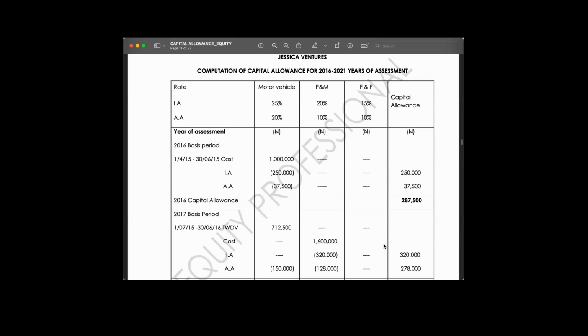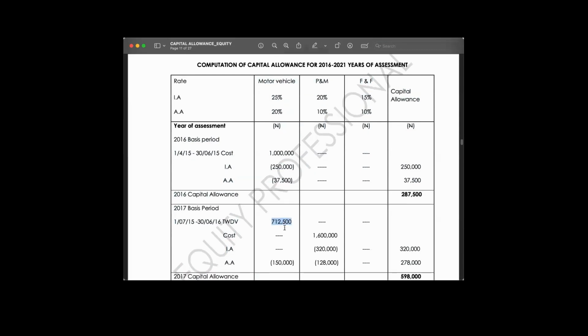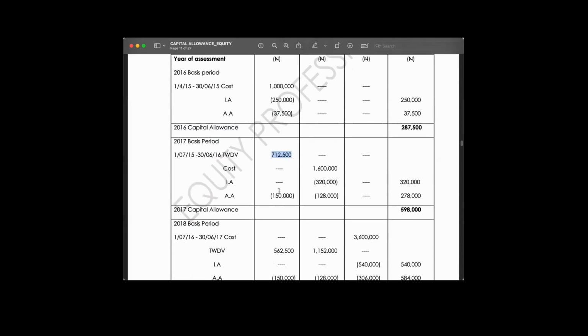So I'll just take this value and divide it by, we are saying this asset is supposed to be used for 5 years. In this year, we are assuming it has used 1 year. So this balance will be divided by 4 years, and we'll continue to carry forward the balance.